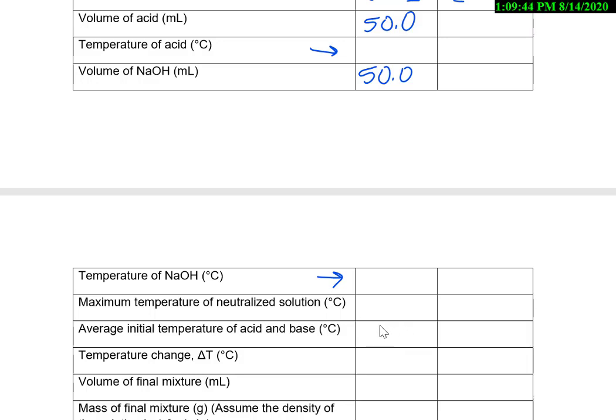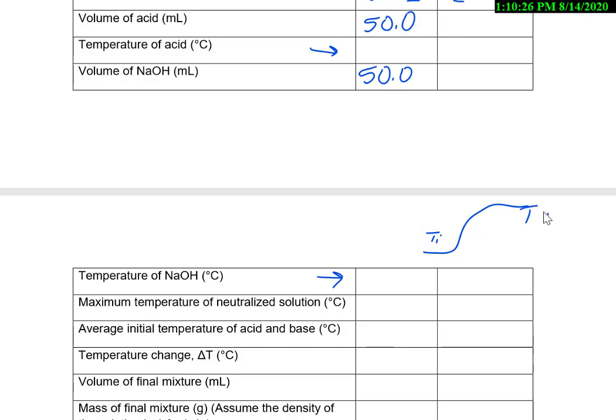And then you'll look at the graph that's provided and you'll find what the maximum temperature is at the end. So what it'll look like is you'll see a curve that looks like this for the reaction. And here will be your initial temperature of your base, that's where that'll come from.